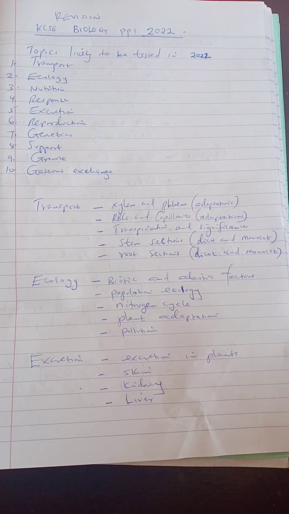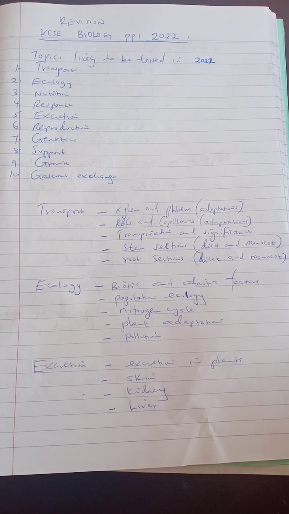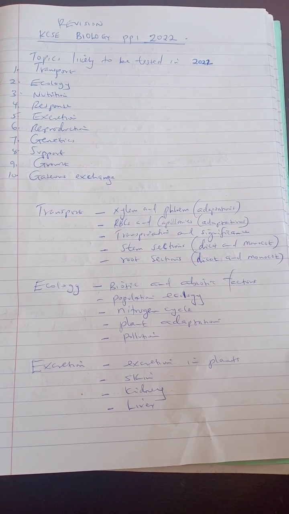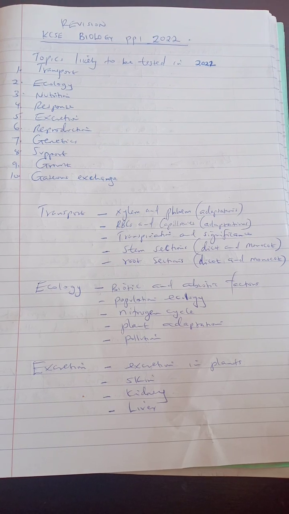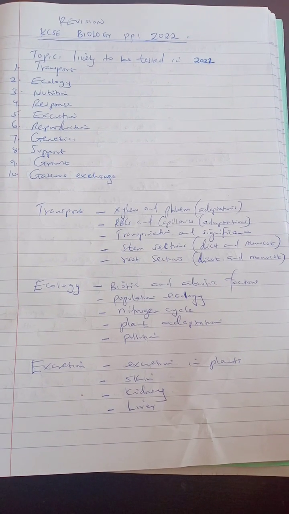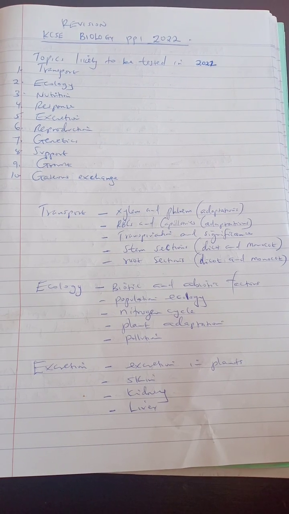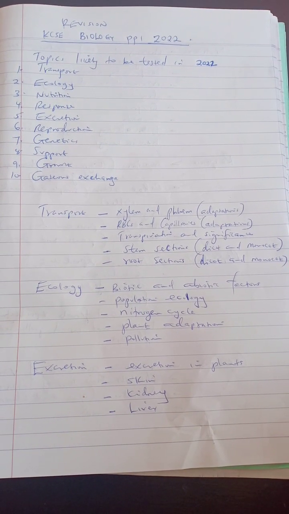I'm your tutor Mr. Baraka, and today I want us to look at KCSE Biology Paper 1 2022. From my analysis, I've realized that there are 10 topics that are likely to be tested in this year's KCSE Paper 1, and these are the topics I've indicated there.